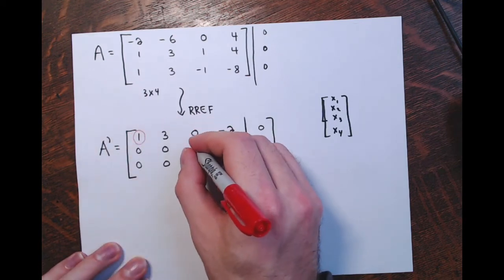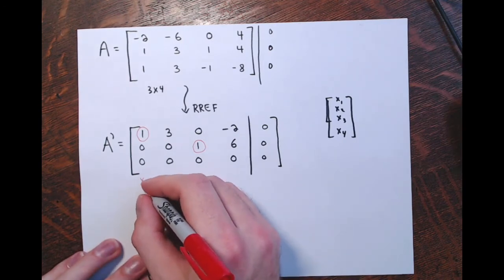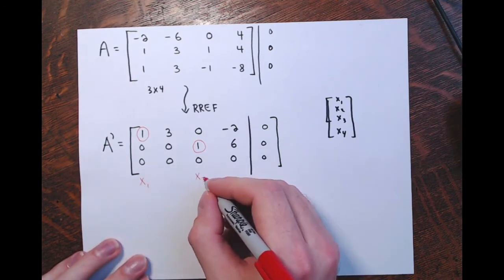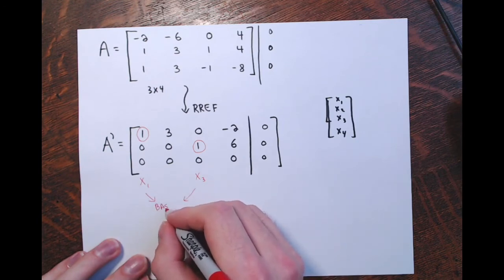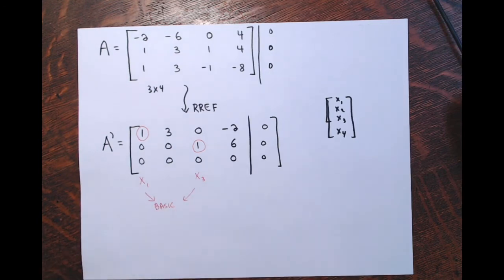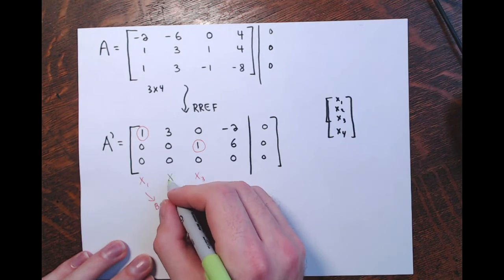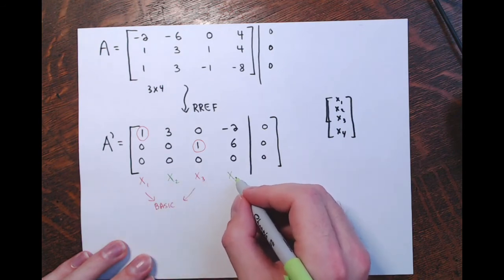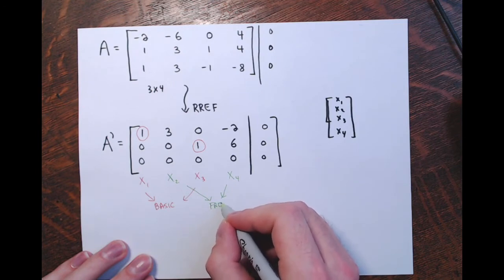The first column and third column have these leading ones, have these pivots, right? So x1 and x3, those are the basic variables. And then the second column and fourth column are not pivot columns. So x2 and x4 are the free variables.